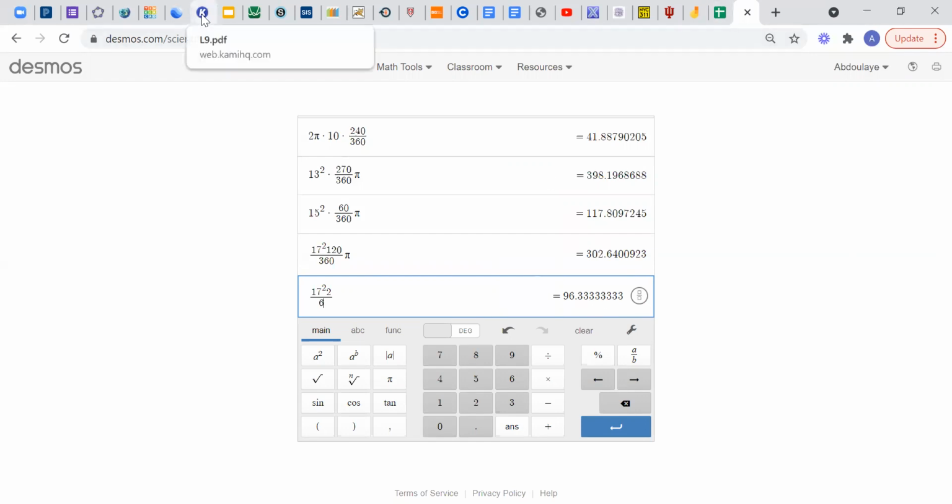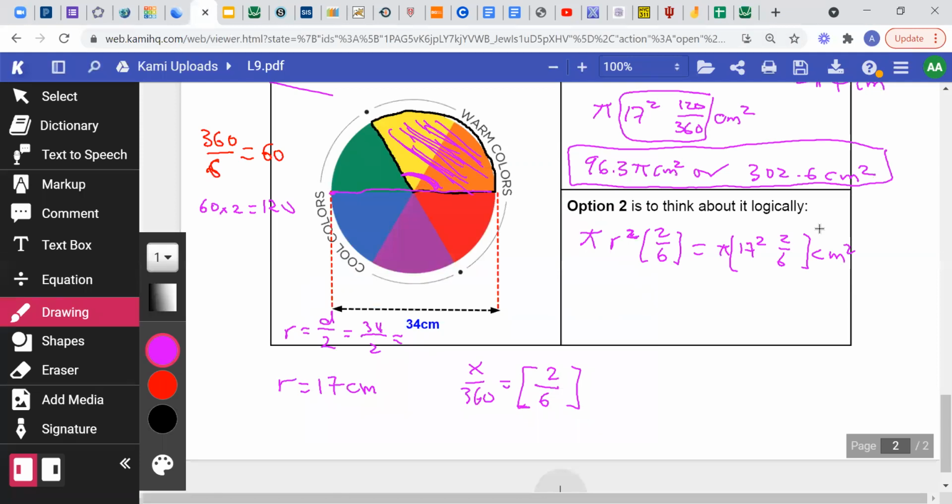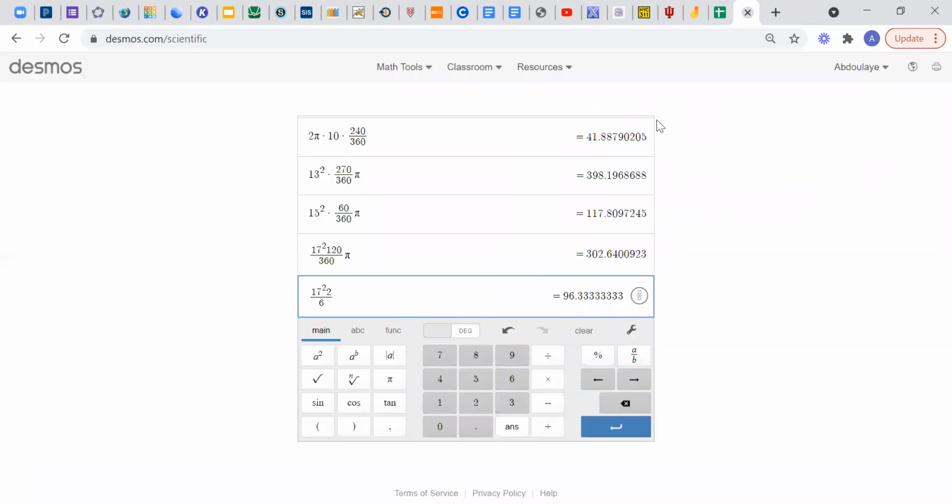It's the same thing as what we calculated above. So it'll be 96.3 pi centimeters squared, and if you multiply by pi, that's going to be the same value as above. As you can see, there's no difference between these two methods. So 302.6 as well.